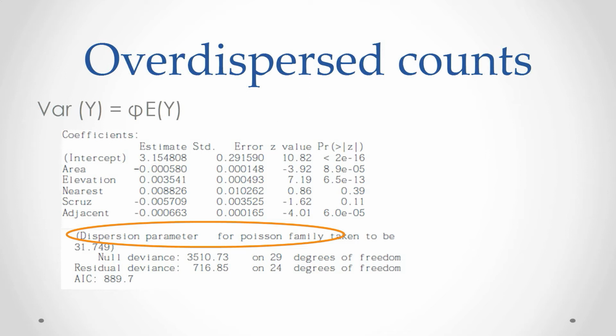So phi is equal to 31.749. Now, we all know that the Poisson family has no extra dispersion parameter, so this is rather puzzling. We shall revisit this in a subsequent module. This is just to give you an idea of the various types of counts which might occur in regression settings.